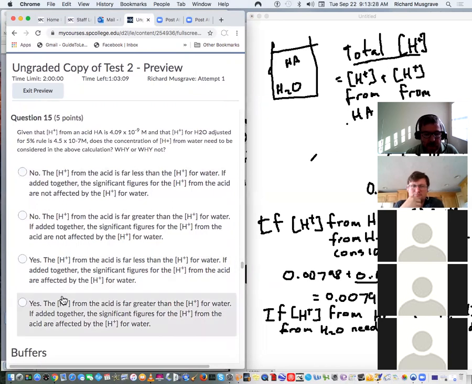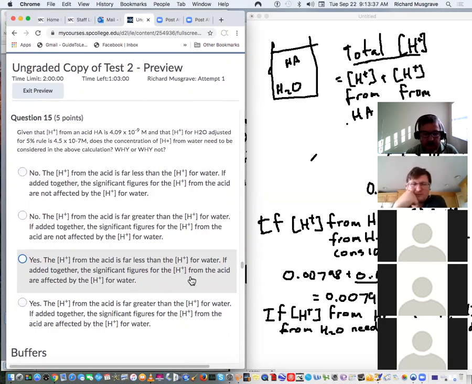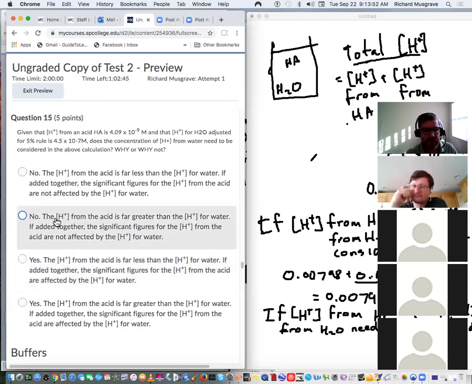It's because the H plus from the acid is far less than the H plus from the water. If added together, with significant figures, the H plus from the acid would be affected by the H plus from the water. So that would be the answer. Does anybody have any questions? In this question, you're either going to get a big number or a little number, and this one happens to be a little number. So you just have to be aware of what you're doing with it.